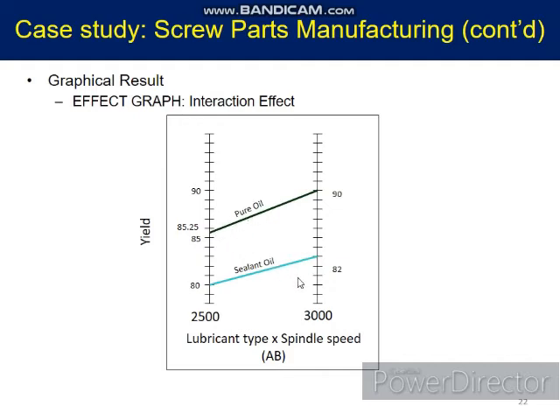If that's the case, it indicates a strong interaction. But for this particular case, the behavior of the output response yield, in terms of its trend, does not change as the spindle speed moves from 2500 to 3000 for both pure oil and sealant oil. So this indicates that the interaction is not that strong.